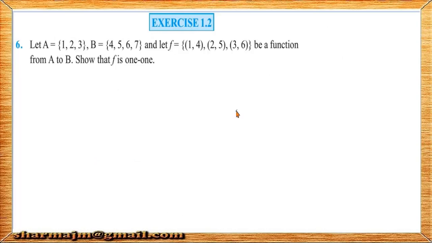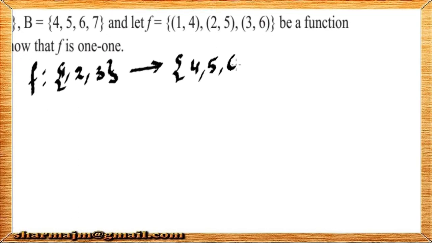नेक्स्ट, द क्वेश्चन नंबर 6 of exercise 1.2. So solution. Here f is a function from set A to B. तो हम यहां पर लिख लेते हैं set A 1, 2, 3. Set B containing elements 4, 5, 6 and 7.